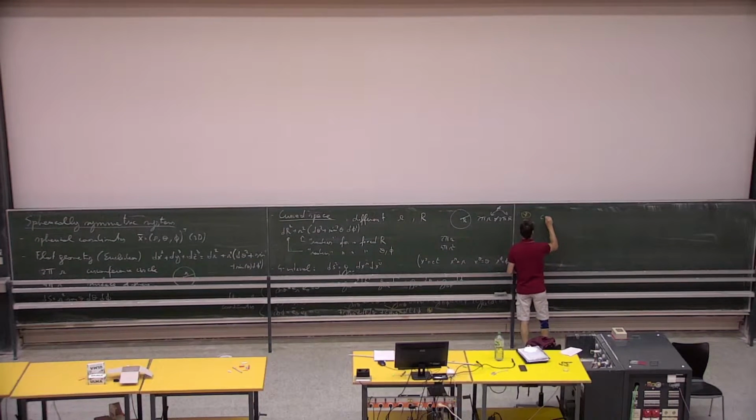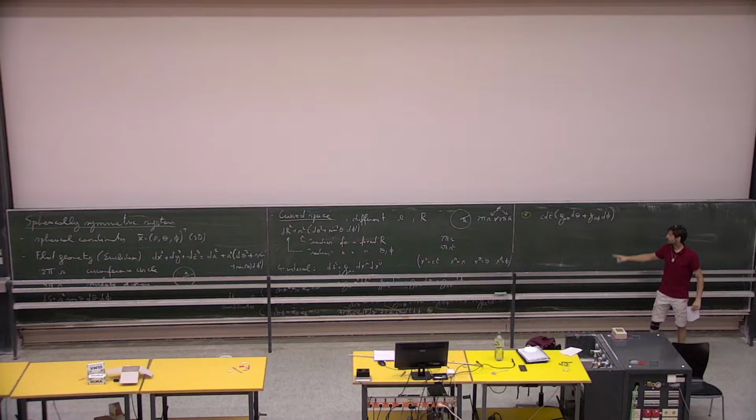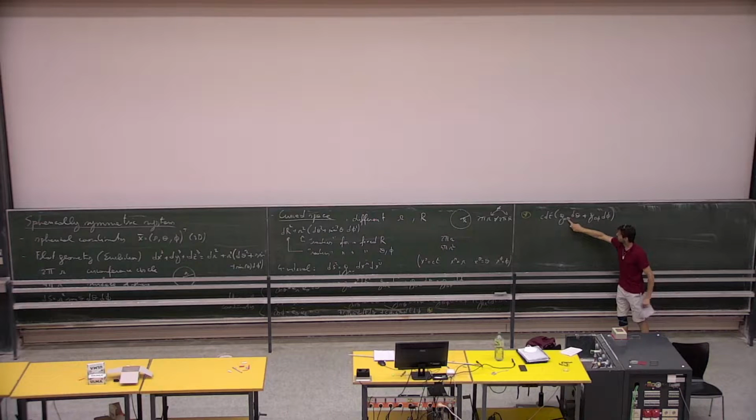So we can write c dt, and then we just have G0 theta d theta plus G0 phi d phi. But look at this term. It's like a symmetry because I have a repeated index.